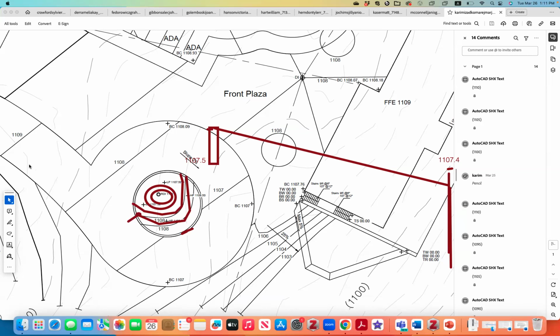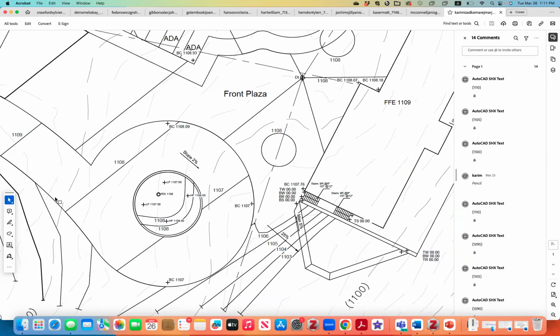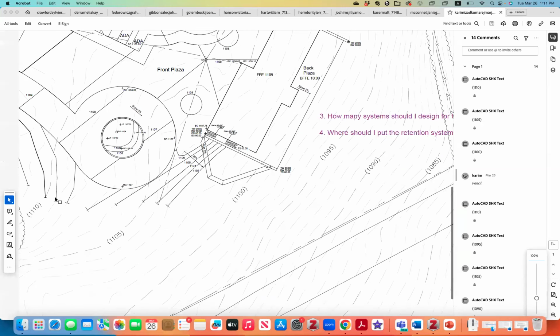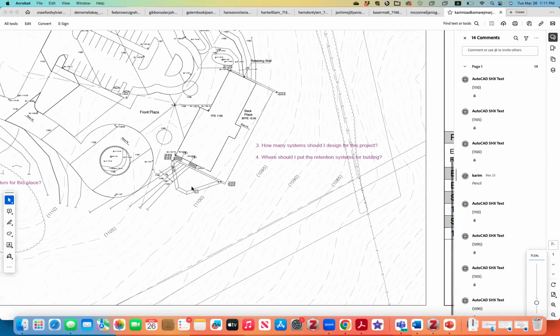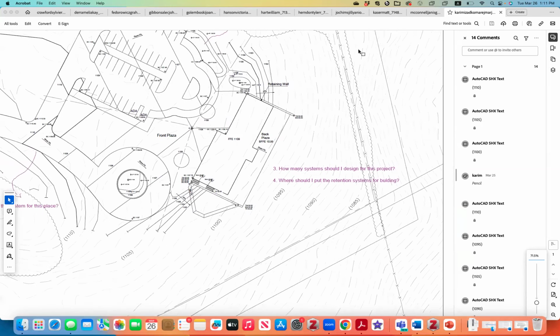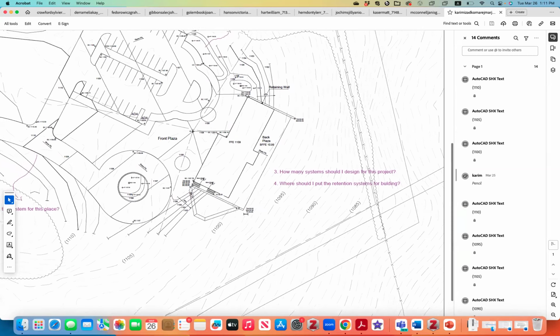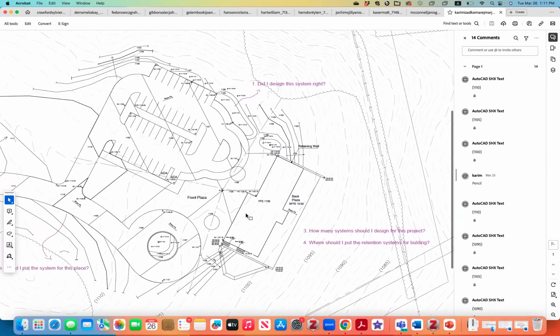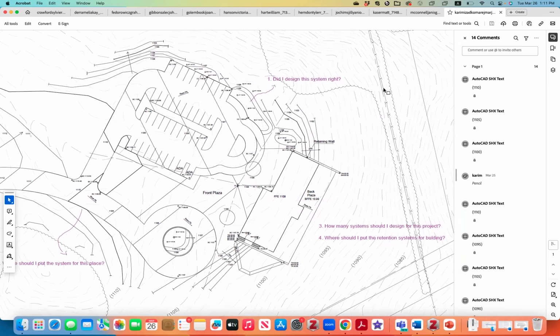Okay. So I went through all the three. Anything else? Sorry, I'm not sure how many retentions I should have all over this site. You need to have at least 1, 2, 3.